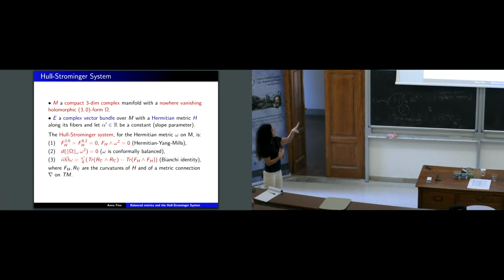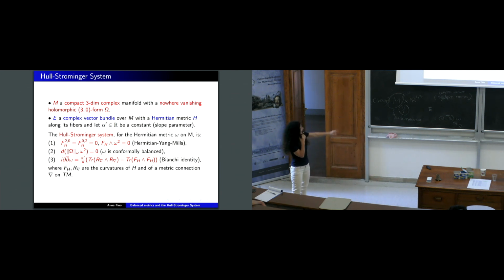The Hull-Strominger system is the following. The first equation, F_H, I just denote the curvature of the Chern connection, and I think of it as a (1,1)-form with values in endomorphisms. So it makes sense to compute the trace and so on. That condition corresponds to the fact that the holomorphic bundle E, if irreducible, is what is called polystable, stable using the slope, essentially.